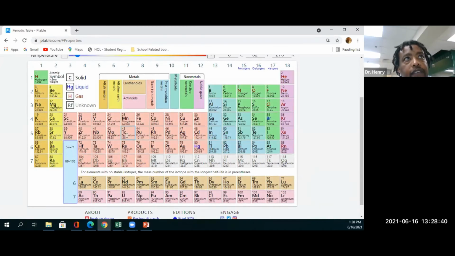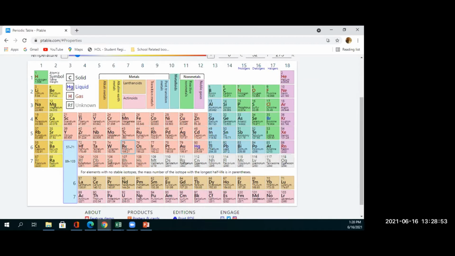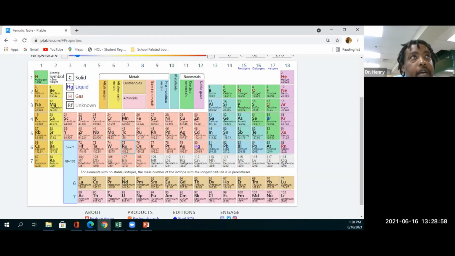So it's group 7, period 6. Is it a metal or a non-metal? Metal. It's a metal. Is it an alkali metal, an alkaline metal, a lanthanoid metal, an actinoid metal, a transitional metal, or a post-transitional metal? Transitional metal.